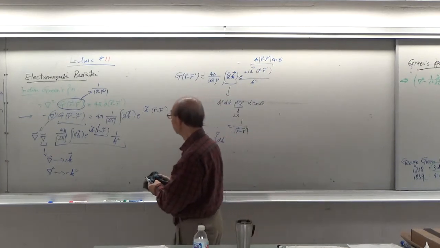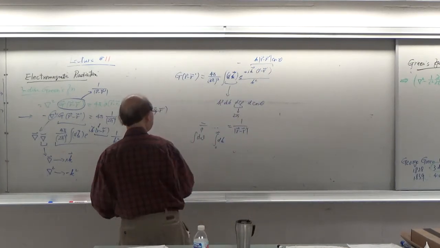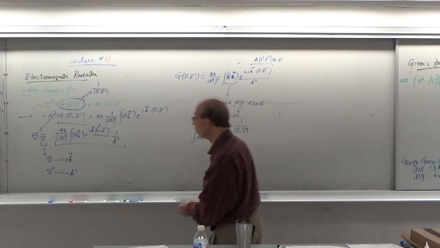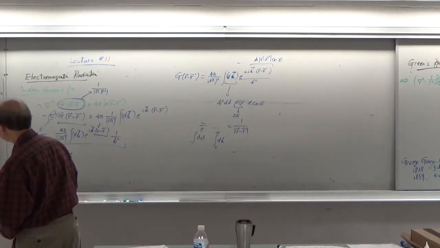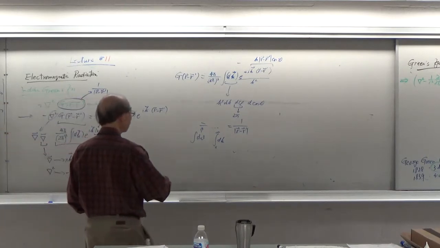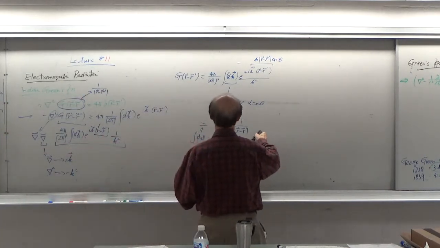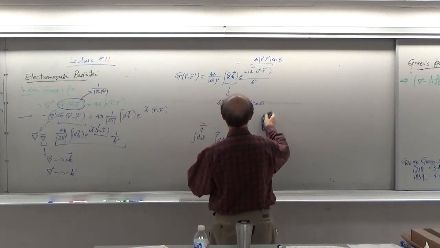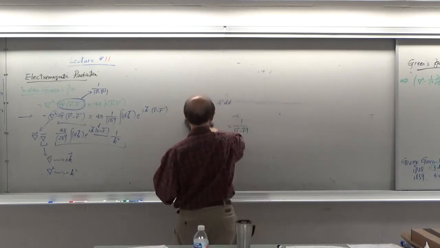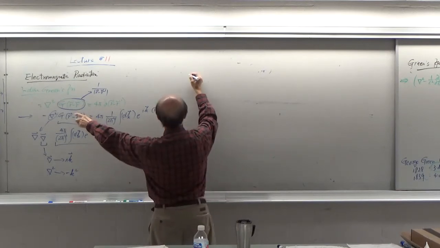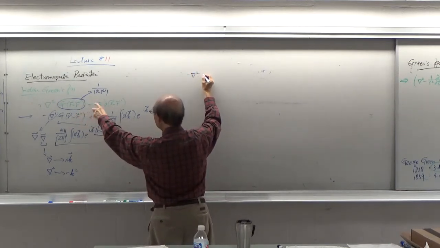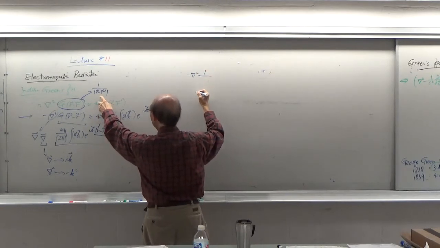Well, actually, let's see. Maybe I can continue here a little bit, and I can erase this now. I've done the integration. So our conclusion is that minus Laplacian acting on 1 over the magnitude of r minus r prime.